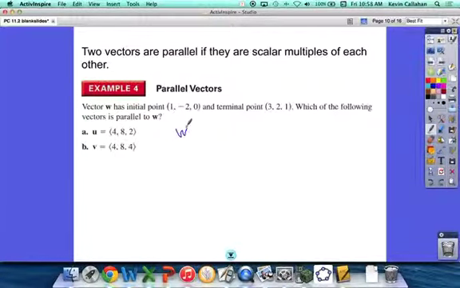So W equals terminal minus initial. 3 minus 1, 2. 2 minus negative 2, 4. 1 minus 0, 1. So the question is, which one of these 2 is a scalar multiple of that? Okay, what would you multiply times W to get this one? So either you're multiplying this one times 2 or this one times a half. Either way, these are scalar multiples of each other.